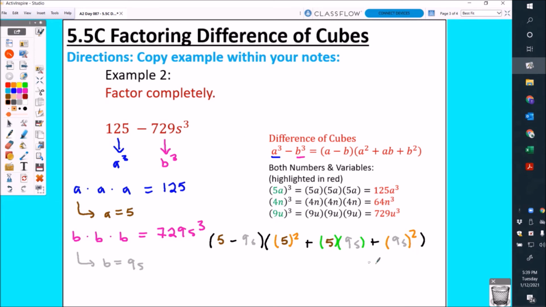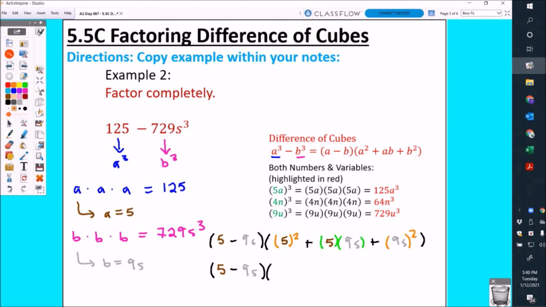Now I'm just going to simplify the second group, the second factor. So the first group, 5 minus 9s, will stay exactly the same. All right, so here it says 5 squared.